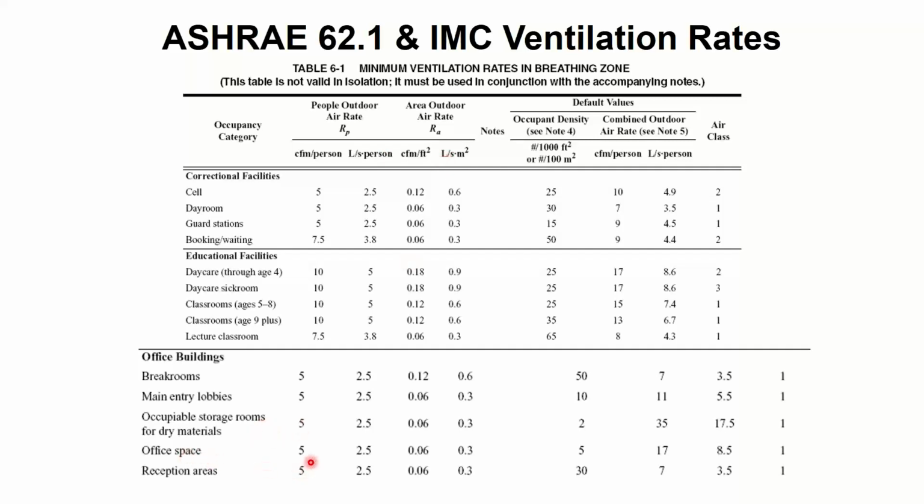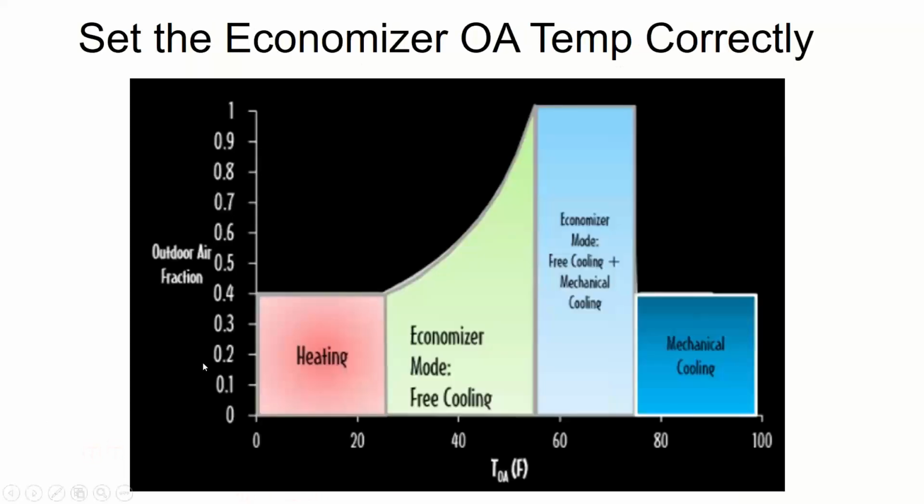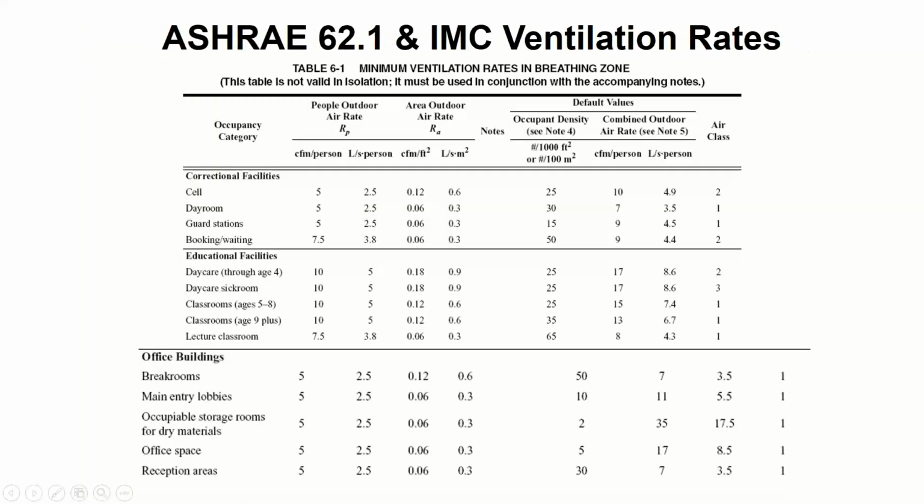So if I have an office building, it's 5 CFM per person, and then I also have 0.06 CFM per square foot. And I add those two numbers together. I'll do an easy example.